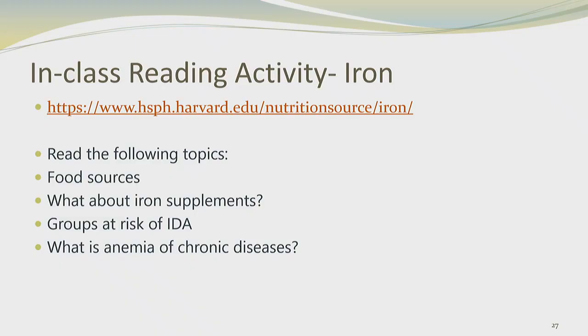What are the detriments of taking iron supplements versus having animal source foods? Most importantly, we want to look at groups that are at risk of iron deficiency anemia from this reading. Please let me know if you can access the link at all.